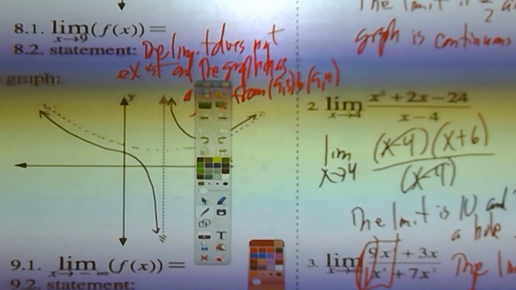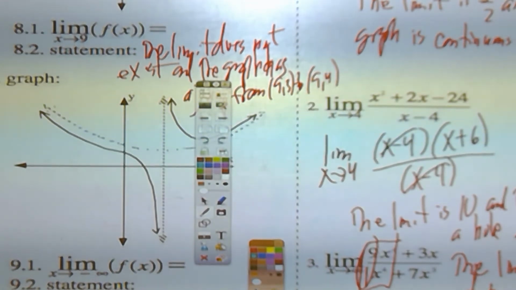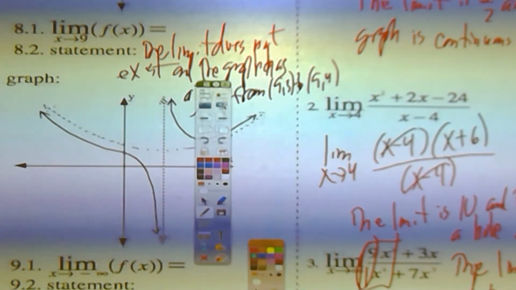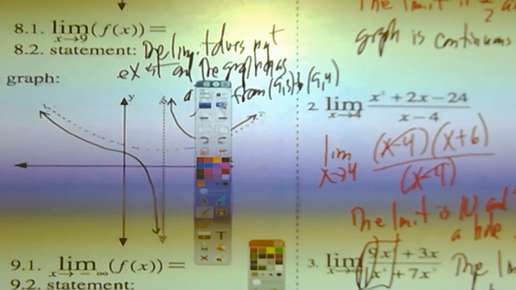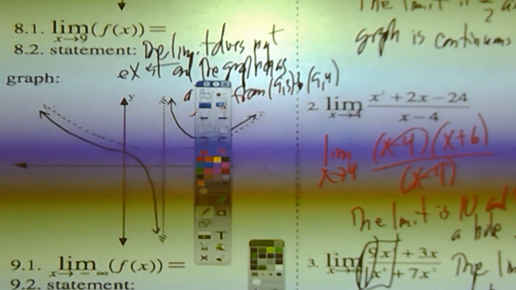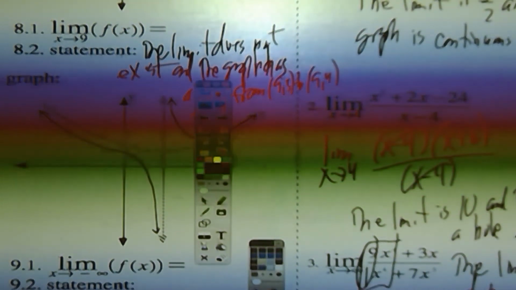Even though we didn't sketch the graph, we can tell that at infinity, the horizontal asymptote is y equals 9. So we say the limit is 9, and the graph has a horizontal asymptote at y equals 9. You can't say at 9, it's got to be y equals 9.